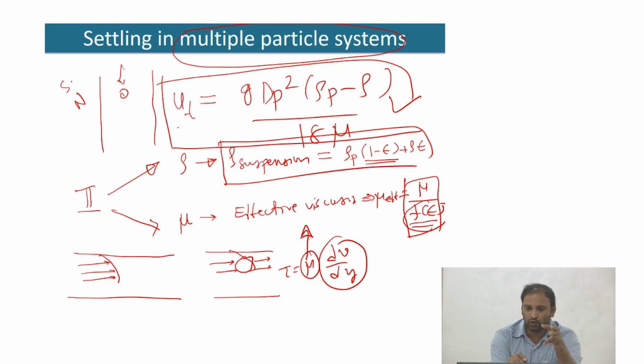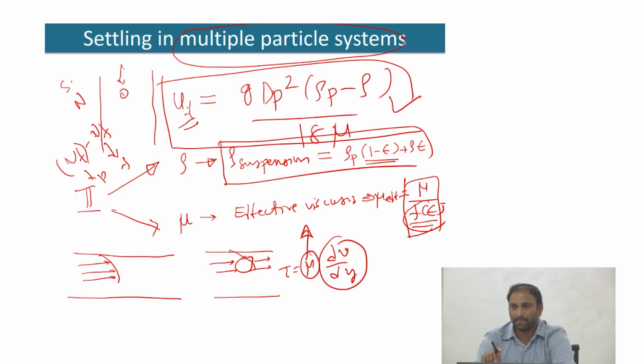Though this is ut, it should actually be ut minus u of fluid. This is for the particle and this is for the fluid, but because the fluid is stationary, it basically turns out to be the terminal velocity of the particle itself.